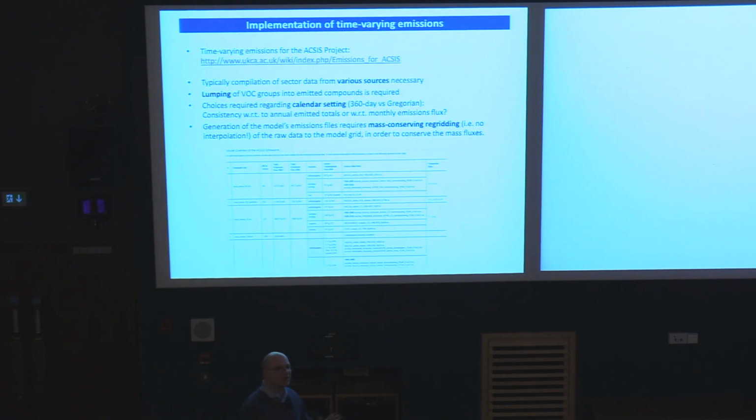By changing the calendar, changing the emission flux, you create an imbalance that has a stronger effect or more important impact on the chemistry than the fact that you actually increase your annual total emissions slightly by a few percent.